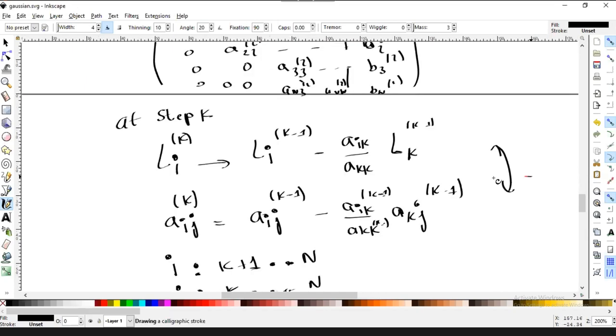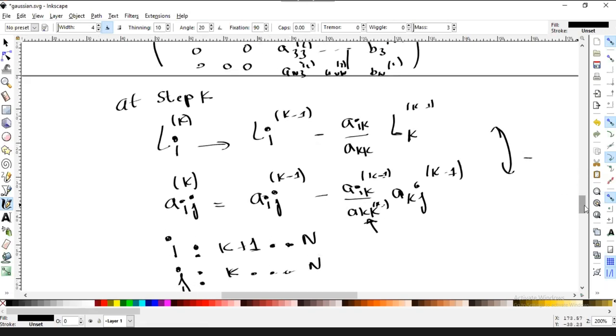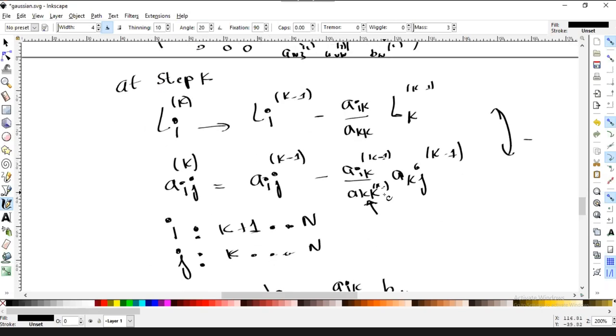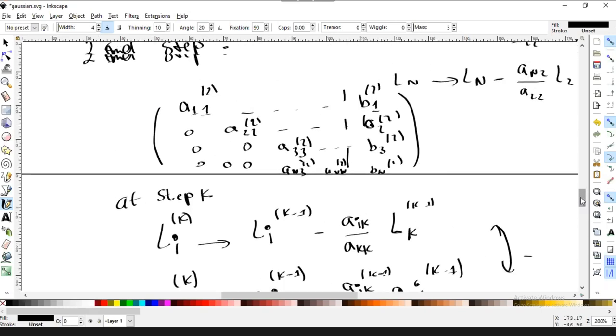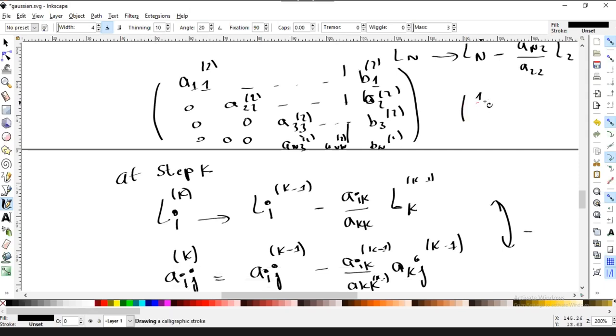When you apply the program here, you're dividing by AKK. So what happens if your AKK equals 0? For example, you're dealing with a matrix like this, and then you have a 0 here somewhere.